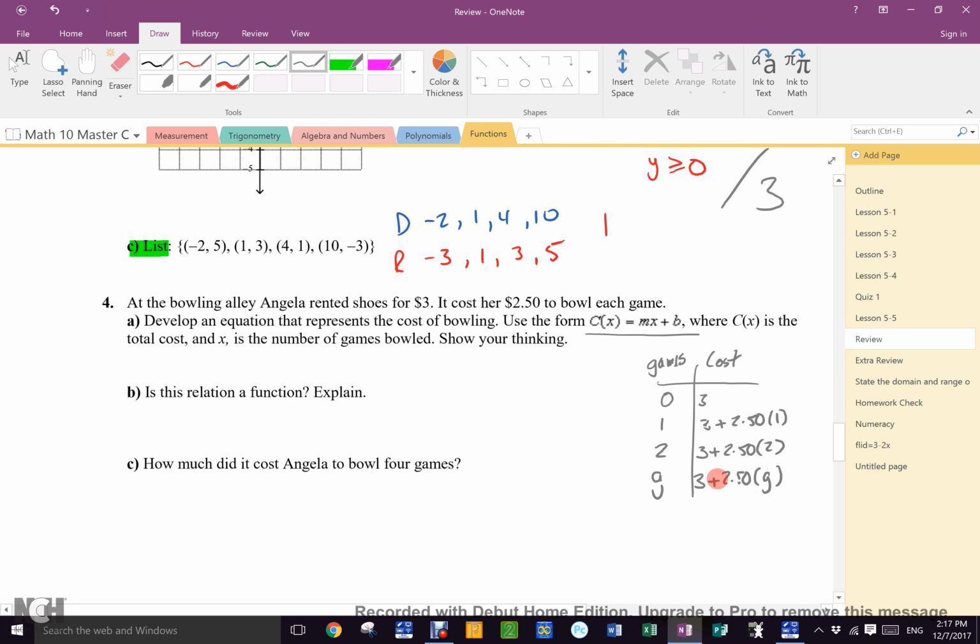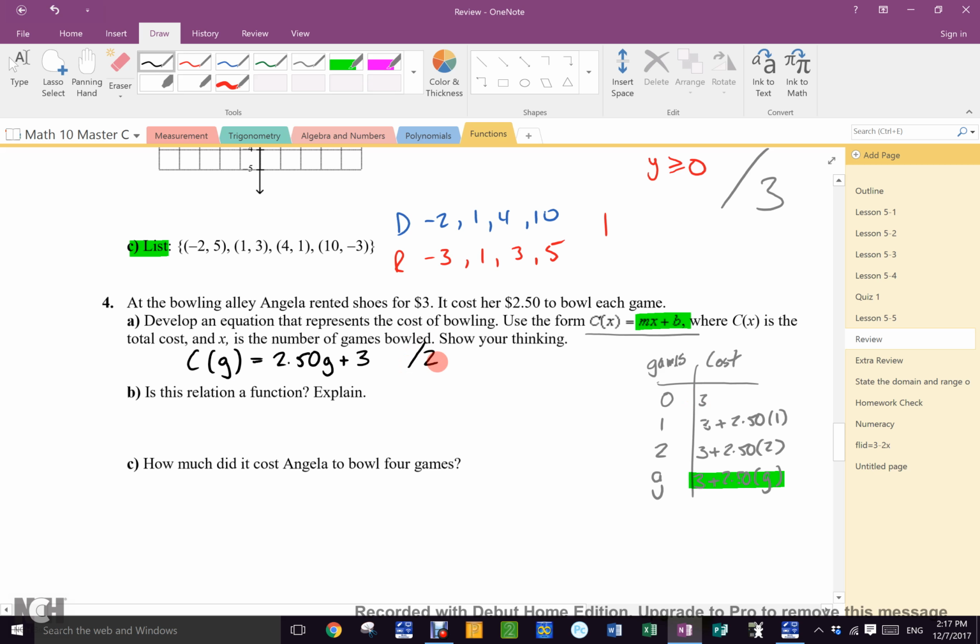G. Does this number times a variable look like that? Do I have my answer? So, what is it? C, cost, but I chose not to use X. What did I use? G for games. C equals 2.50 times G plus how much? 3. That's the function. That's the thinking.